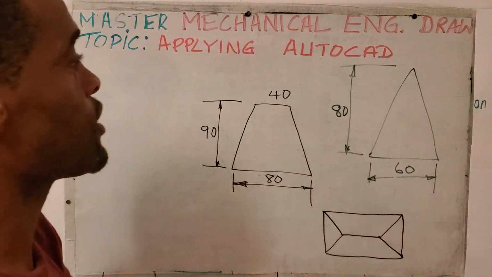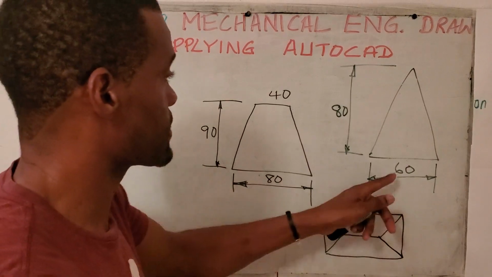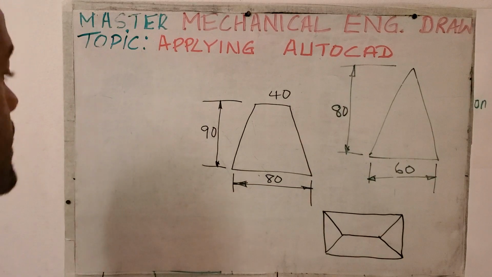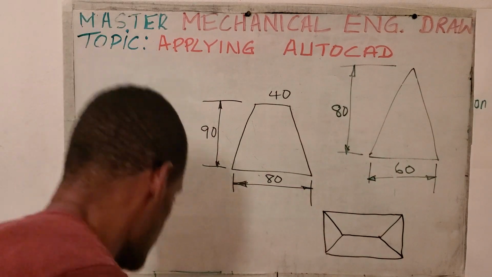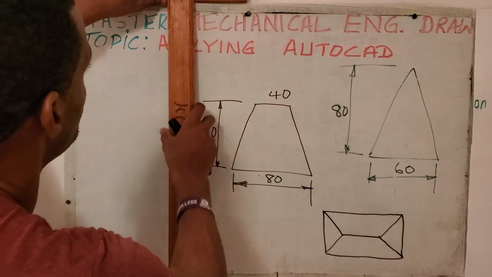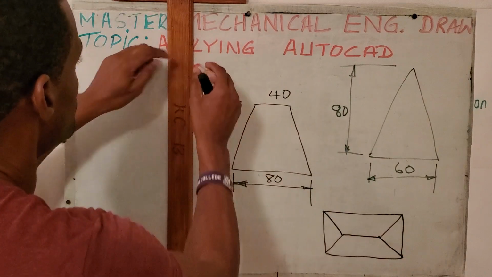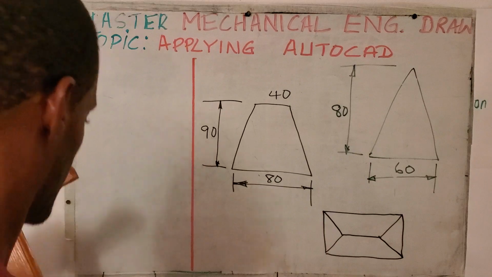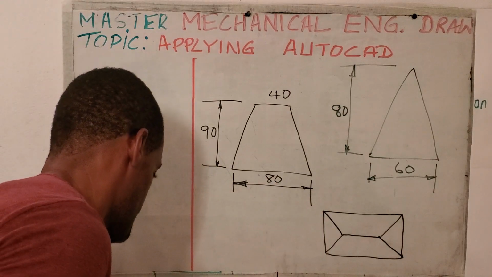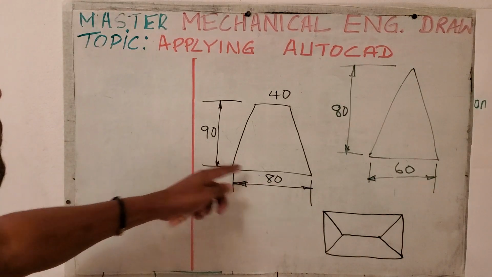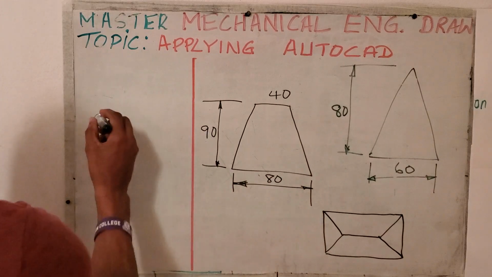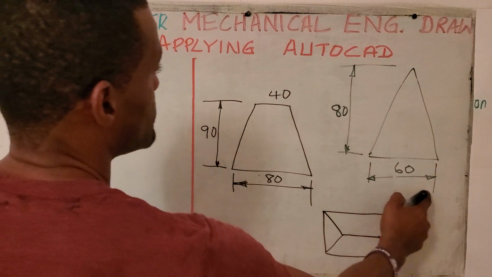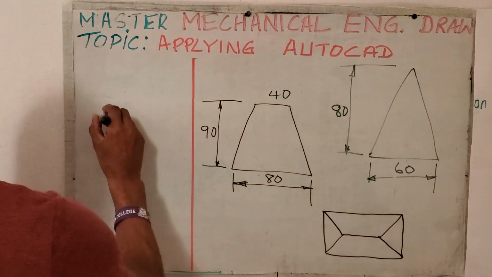To draw this figure quickly, I would first draw a rectangle 60 by 80. So in AutoCAD, I would type REC for rectangle, and I would click a start point, then enter 60, 80 to get the rectangle.